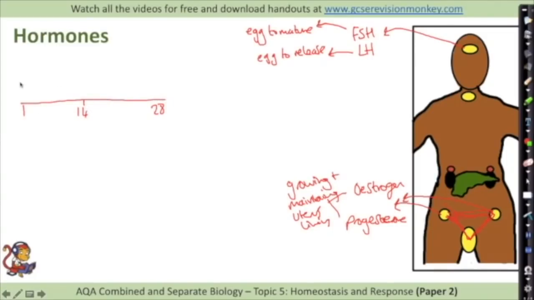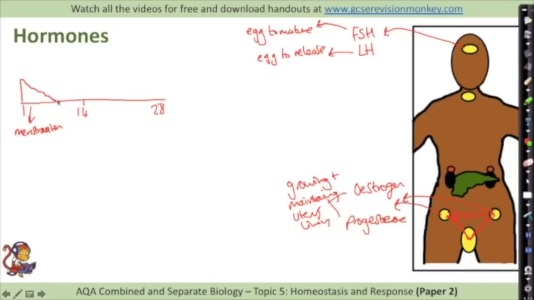If I draw this diagram as if it's the width of the uterus, first of all, in the first few days, 4 to 5 days of the cycle, the uterus lining breaks down. And at this point, it will then be your menstruation period. So that's your period of menstruation, when the woman will bleed and the uterus lining will break down.